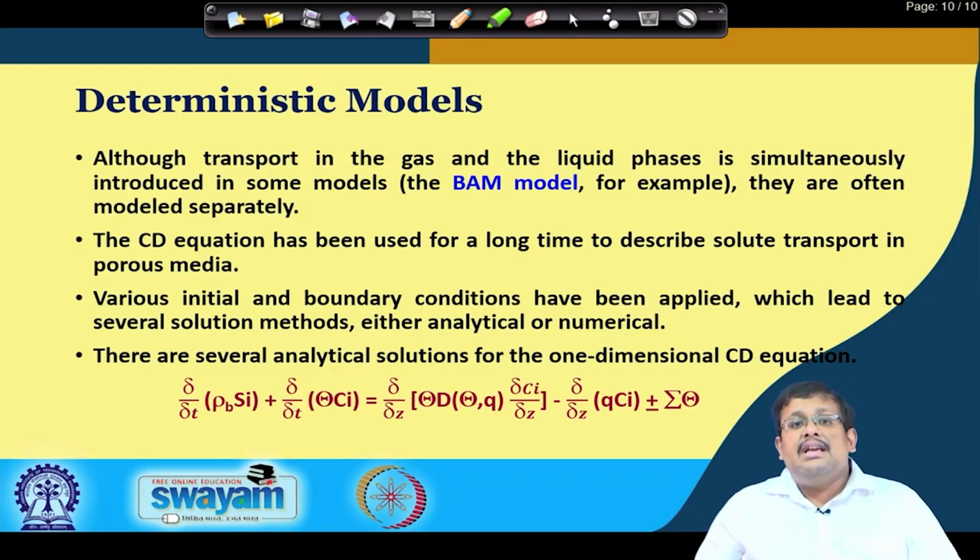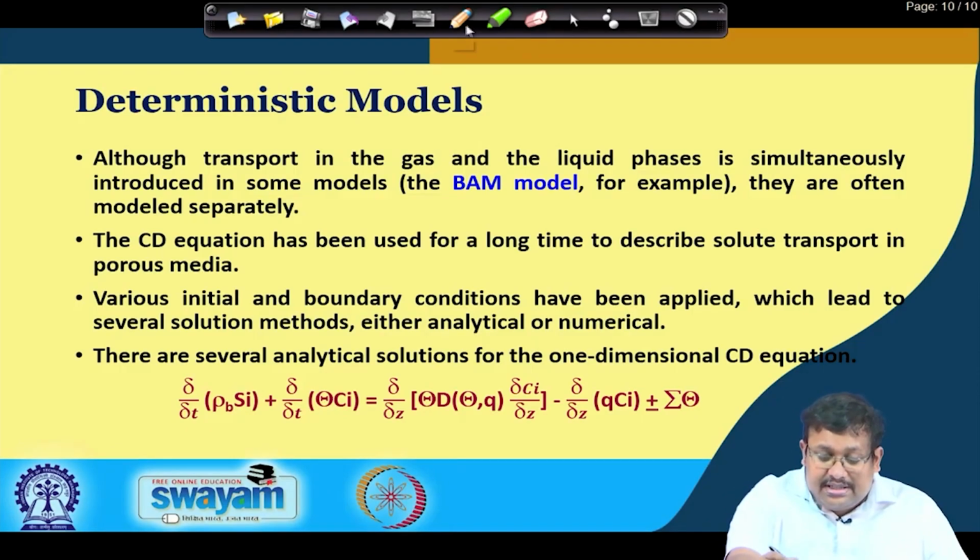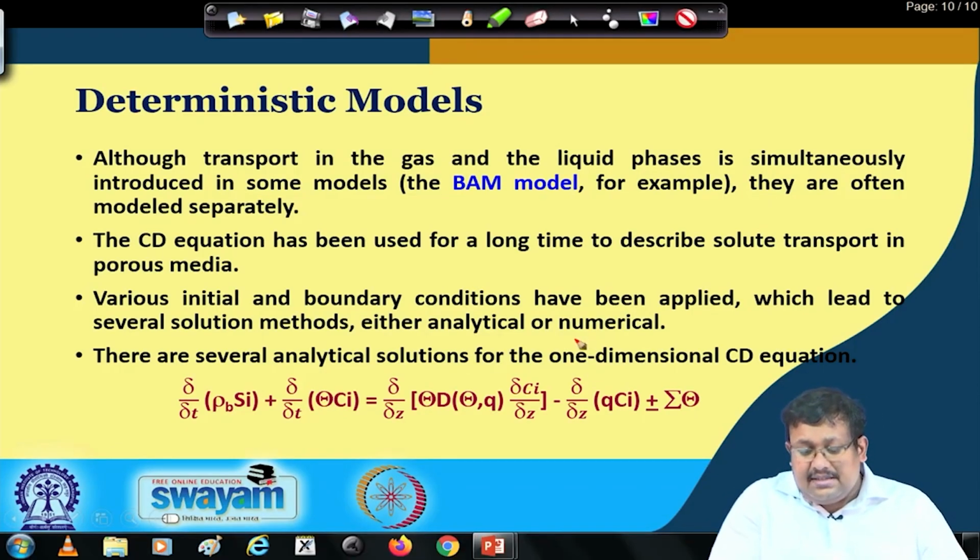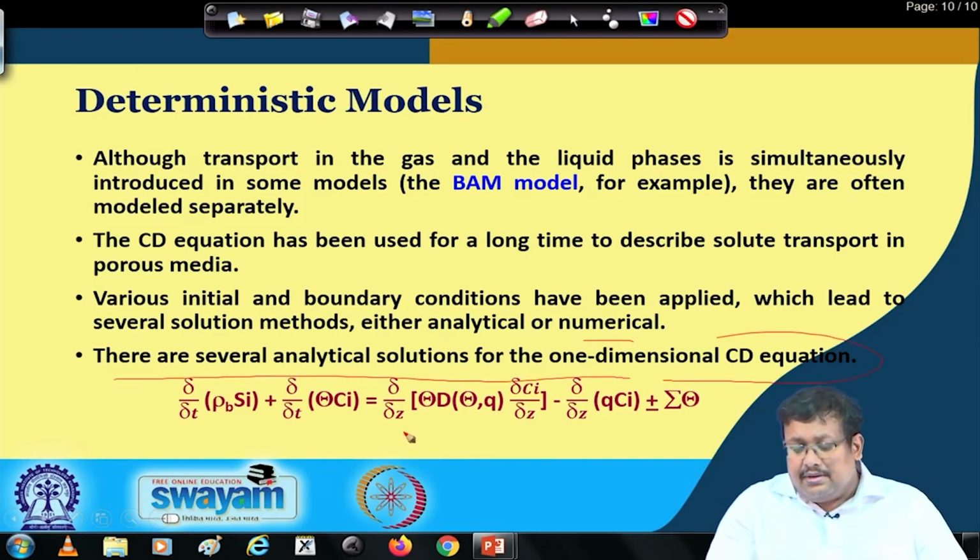Various initial and boundary conditions have been applied, which lead to several solution methods, either analytical or numerical, and there are several analytical solutions for the one dimensional CD equation. This is the one dimensional CD equation.